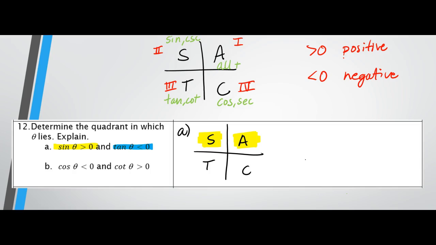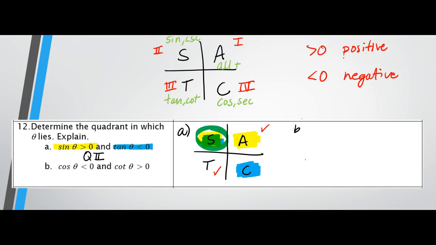And tangent would be positive in quadrant 1 where everything's positive, and in quadrant 3 where there's the T. And then since the check marks are where tangent is positive, I'm going to highlight the other two, because that means that's where tangent is negative. So now I'm going to highlight the places where there is no check mark with blue. And you can see that where the S is in quadrant 2, it got highlighted with both blue and yellow. That means our answer for part A is quadrant 2.